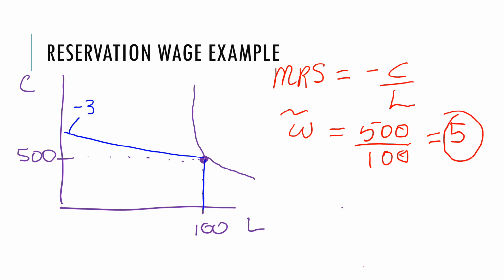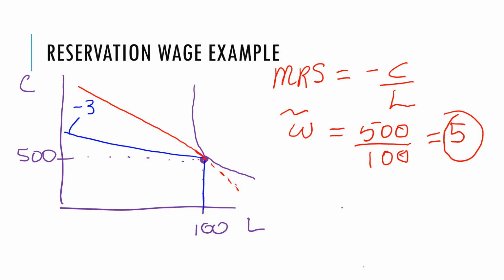So that means when the wage hits 5, this person is going to be indifferent between working and not working. If the wage gets higher, they will definitely work. And so if you picture a budget constraint that is actually tangent to, I'm going to extend it just to give you an idea of what the tangency might look like.